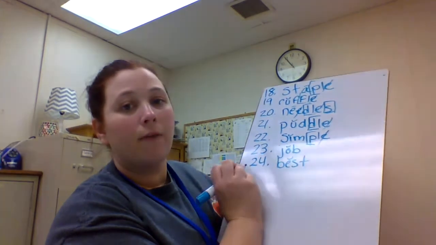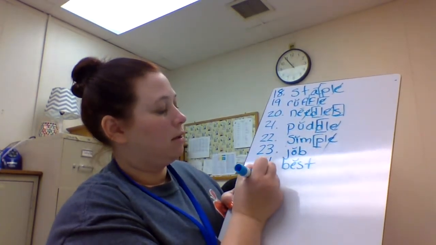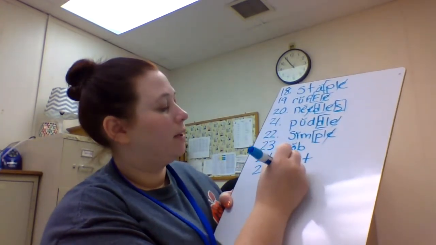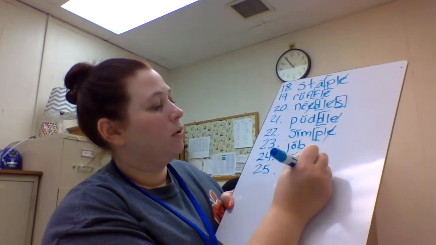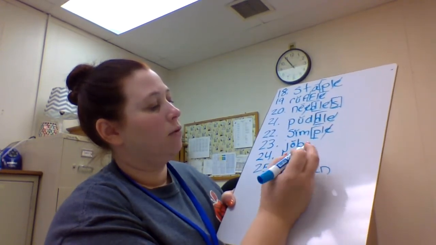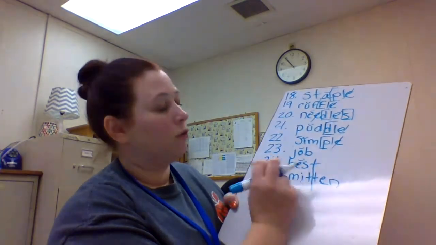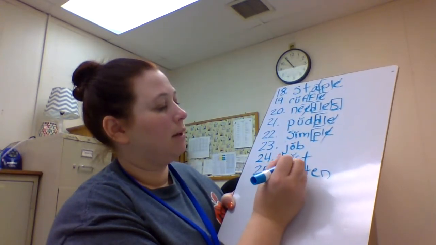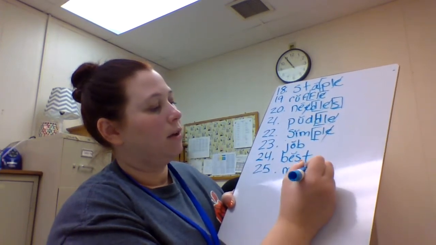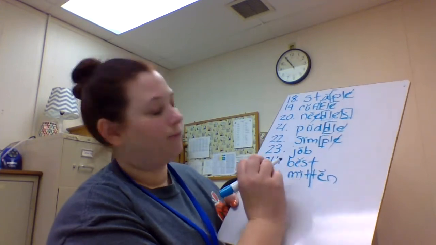It's going to get the breve. Best. Number 25. Mitten. We've done this one before. Here we have vowel, consonant, consonant, vowel. So we know we're going to break that into two syllables. We're going to look at our first syllable first. M-I-T. Mit. Vowel consonant gets a breve. Same thing here. Vowel consonant gets a breve. Mitten.